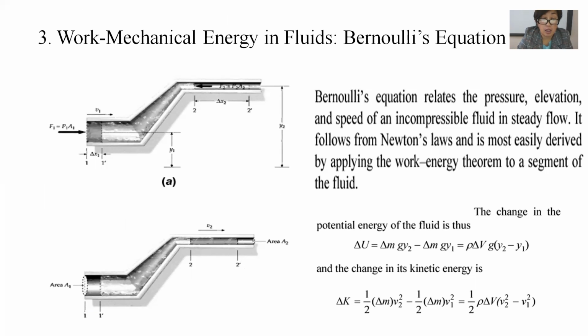Here we have a tube with different areas. The first part of the tube is at height Y1 above the earth, and the second part of the tube is at height Y2. Here this is the large area, and here this is the small area.